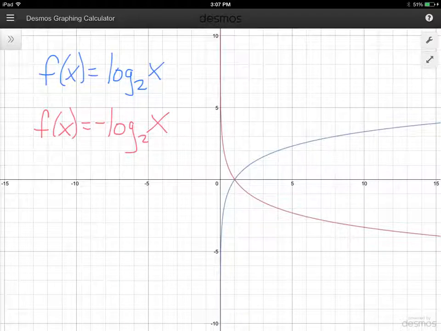And that's because if you have a positive value from this one and then multiply by a negative, it would give you a negative value. And so that would be all these. And vice versa, if you had a negative value out of this one down here, if you multiply that by a -1, it would produce a positive value.